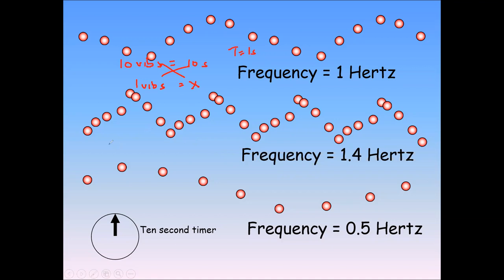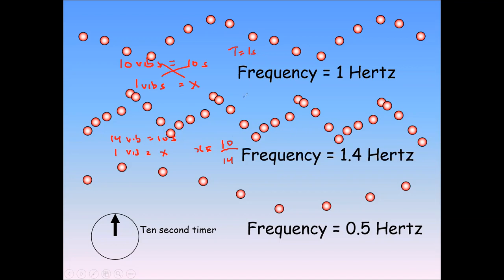What about the second one? It undergoes 14 vibrations in 10 seconds. So one vibration will take x seconds. Cross multiply. So it will be the total time divided by the number of vibrations.